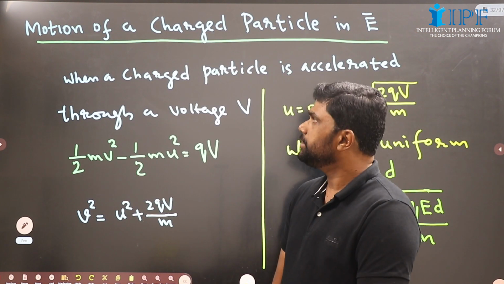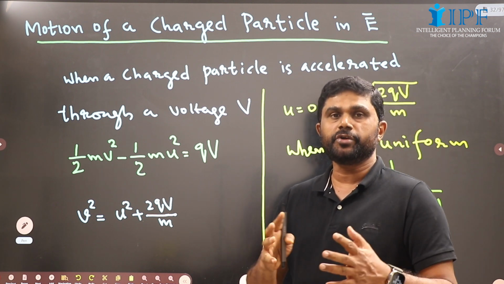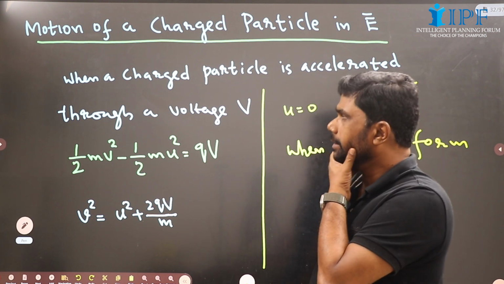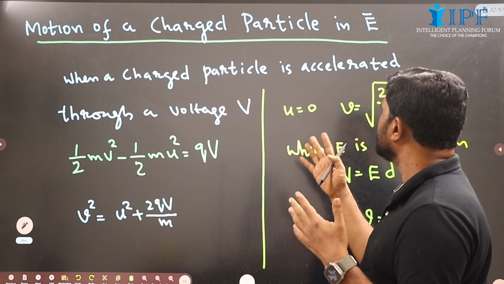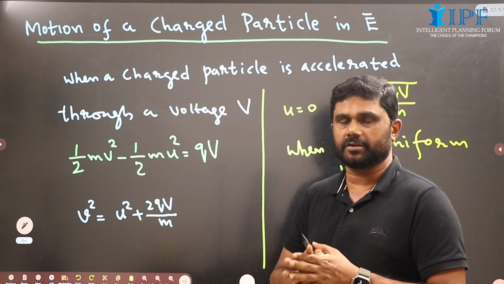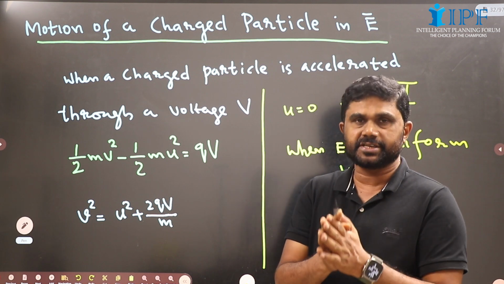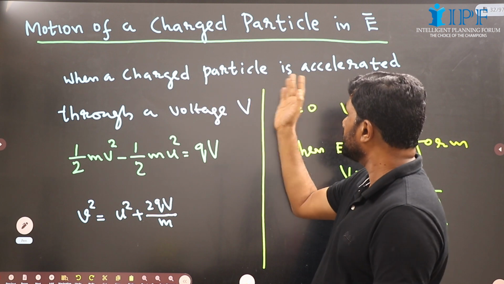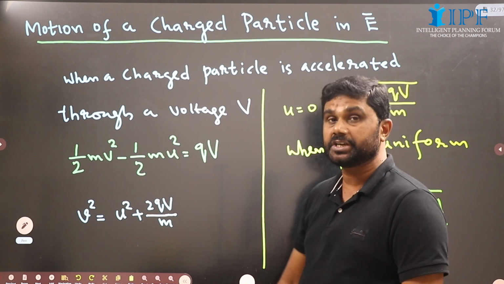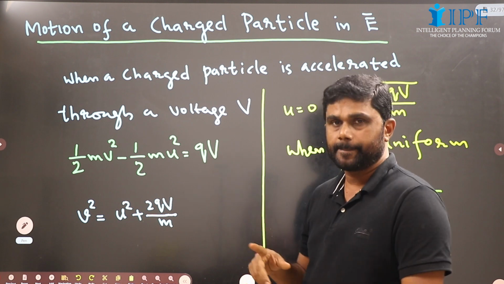Now let's see the motion of a charged particle through a uniform electric field. When a charged particle is accelerated through a potential difference capital V, potential difference and voltage being exactly the same, it acquires a kinetic energy QV.